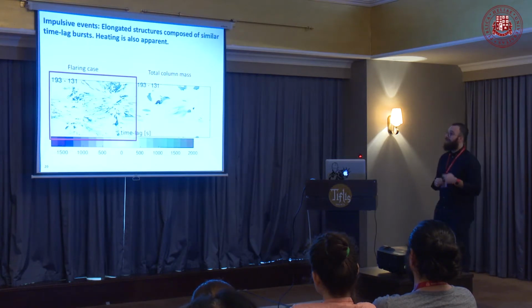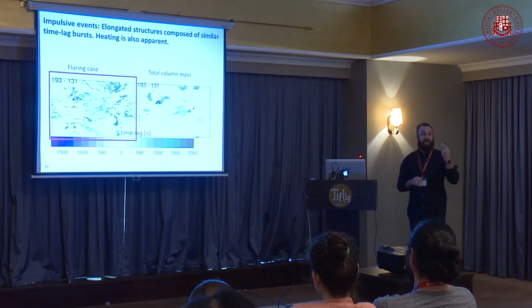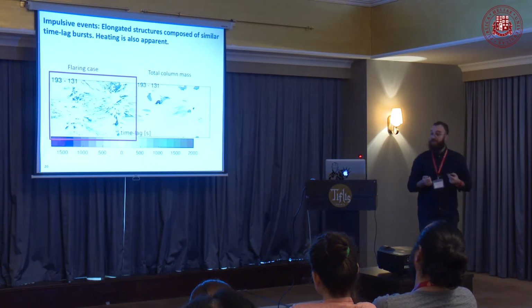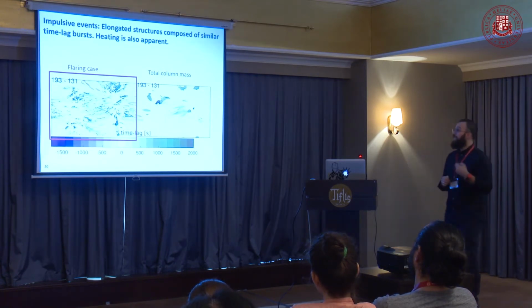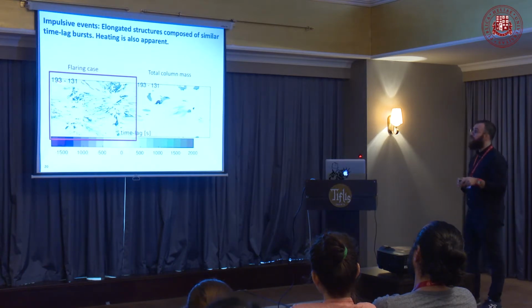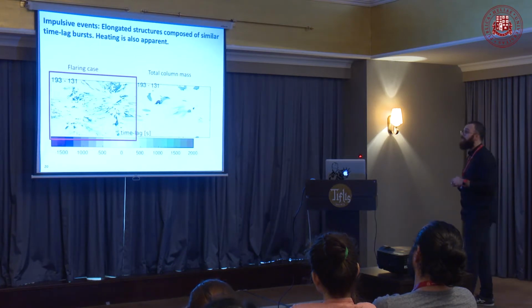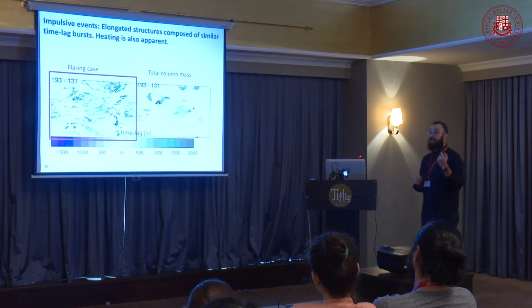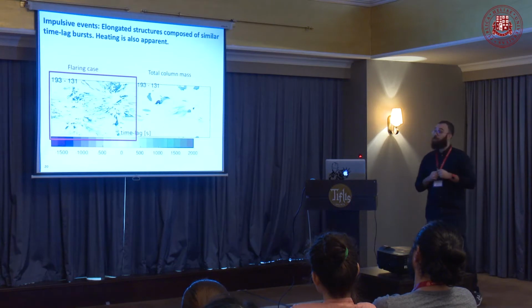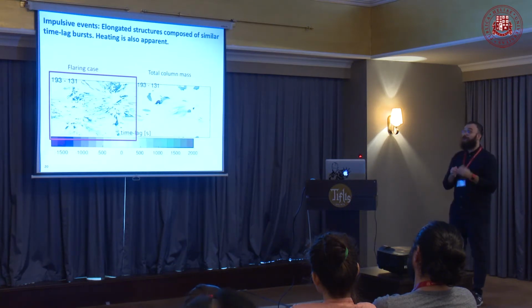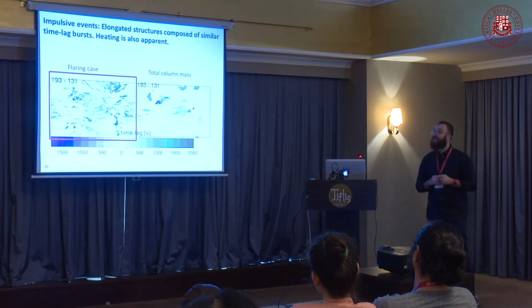In contrast, in the case of impulsive events, the picture changes. What we see here are seemingly elongated structures extending around the two polarities and in the space between them. But most importantly, we see small, short-lived bursts grouping together and having similar time lags.